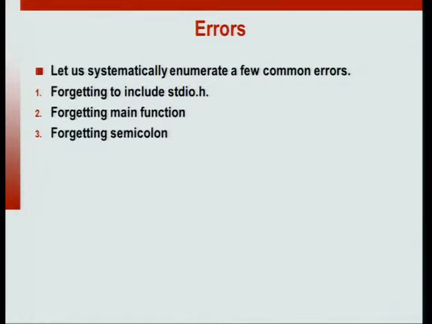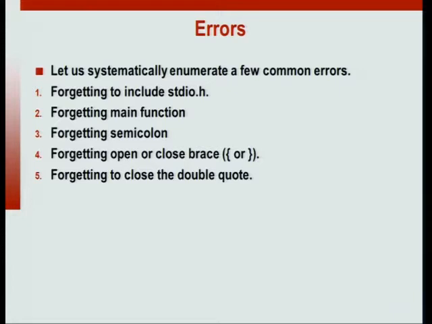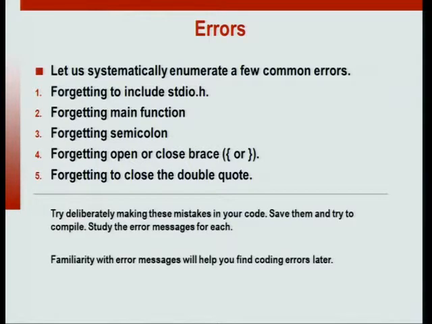You could forget to include the semicolon in the statement. You could forget to include the curly braces in main, or forget to open or close the double quote in the printf statement. These are a few errors that you could make even in a simple code like what we have seen. We have only 3 lines, but they could also have errors.